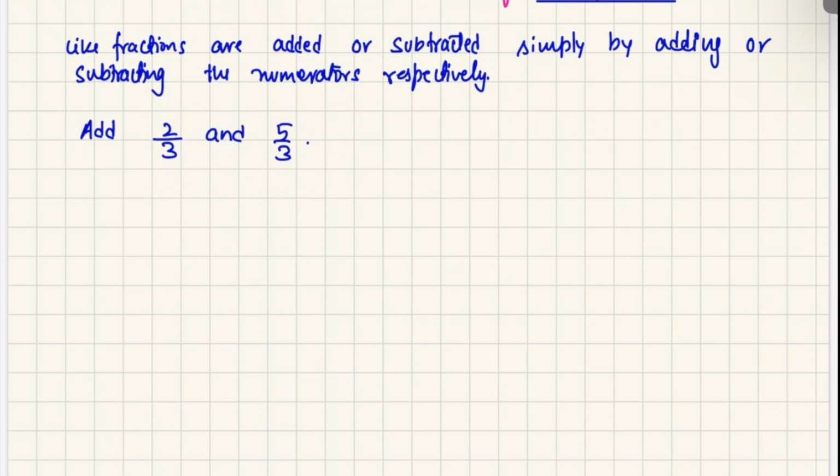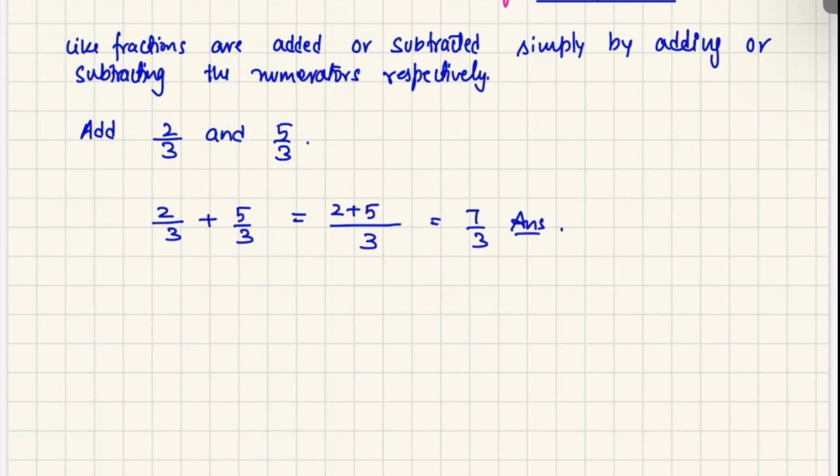So we need to simply keep it like this. So 2 by 3 plus 5 by 3 gives you, we will keep the denominator as it is, 3, and we will add the numerator 2 plus 5. So this gives you 7 by 3, which is my answer.